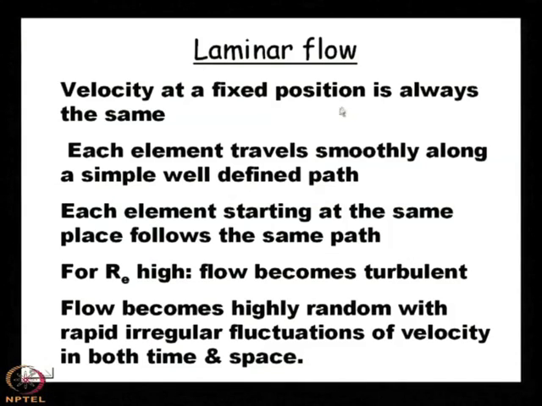If you grow for 1 hour, or if you grow for say 20 minutes, or if you grow for 10 seconds, the velocity at a particular point is always same. Each element travels smoothly along a simple well defined path. Each element of gas molecules.